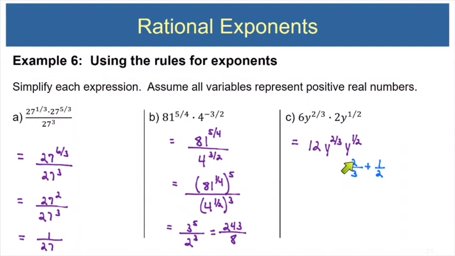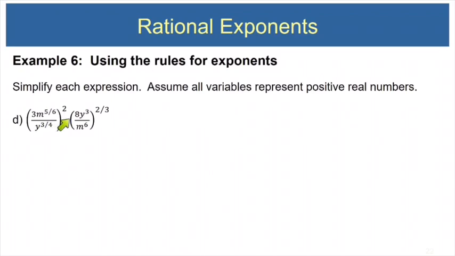So if I do times 2 in the top and times 2 in the bottom, this first fraction is going to become 4 over 6. And then for the second fraction, I need to multiply the denominator by 3. So I need to do times 3 in the top and times 3 in the bottom. So this one is going to become 3/6. Now 4/6 plus 3/6 is going to be 7/6. So our final answer here is going to be 12 times y to the 7/6 power.